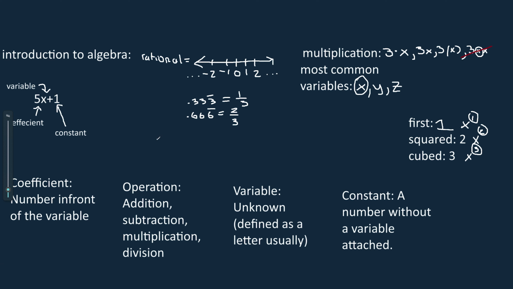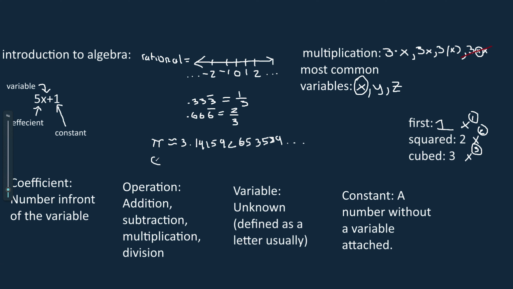So something like pi, which is approximately 3.14159265358, you get the gist of it. It goes on forever.